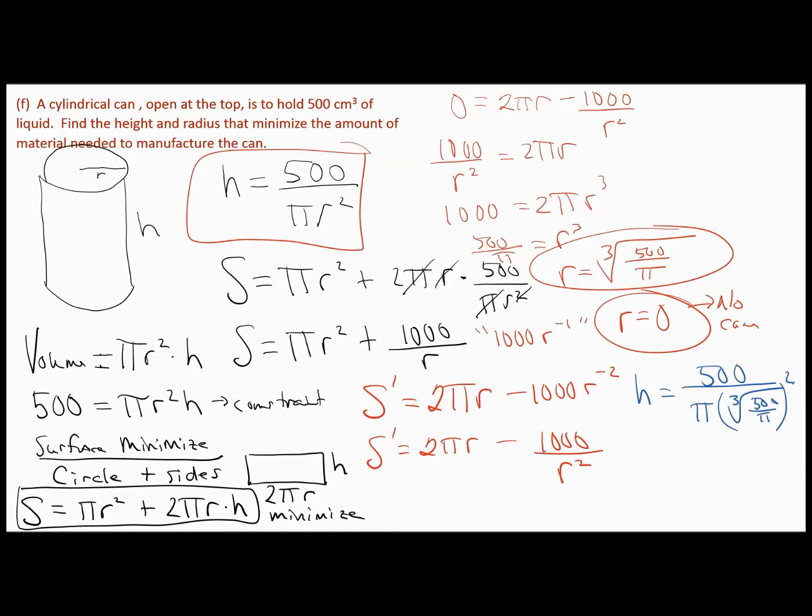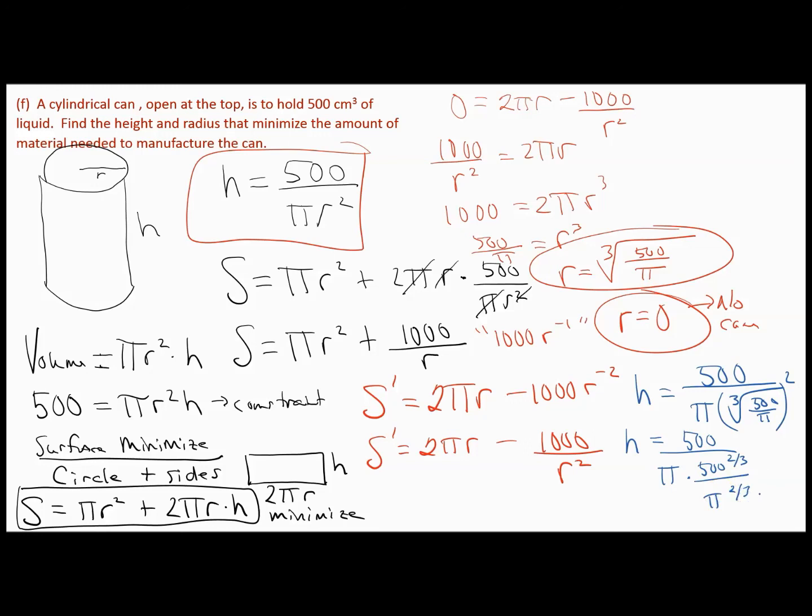Now that could probably be simplified some. To simplify that, you may want to deal with fractional exponents. I've got 500 over pi, okay? This is going to be times 500 to the 2/3 divided by pi to the 2/3.